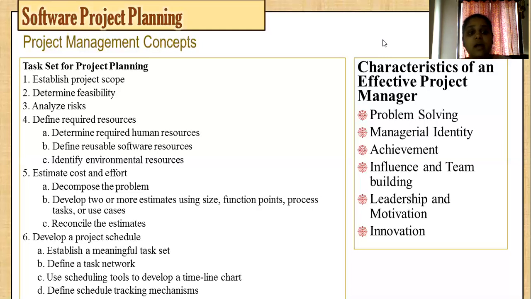Next, you are defining the required resources. Now what are resources? Resources here can be in the form of human resources, that is your manpower. It begins by checking who are the people who are going to develop, who is your team. They check the skills of the team.